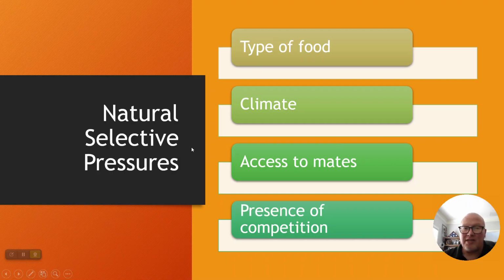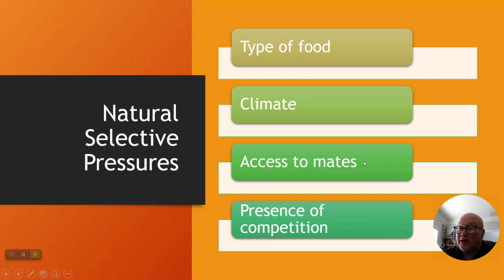So what are some of the natural selective pressures? Type of food. Those organisms that have the ability to utilize the available type of food better are going to be the ones who put their genes in the next generation. Climate. Those organisms that are better suited for a particular climate are going to be the ones who live longer and put their genes in the next generation. Access to mates. Presence of competition.